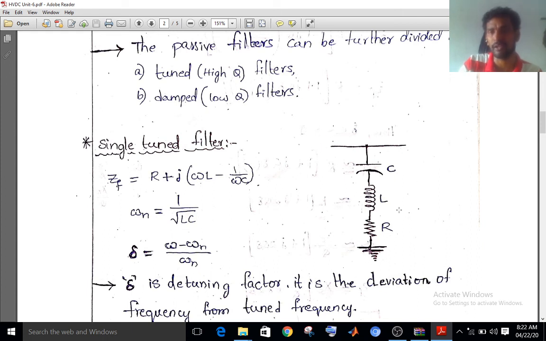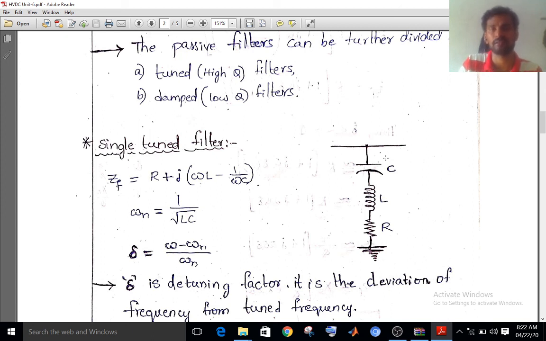For a particular frequency component, this shunt filter offers very low reactance. Because of this low reactance, all the harmonic components will be diverted through this filter to ground, so that we will get a good quality output signal.